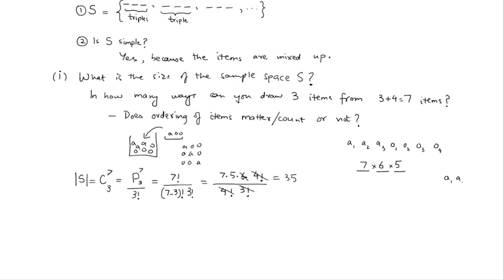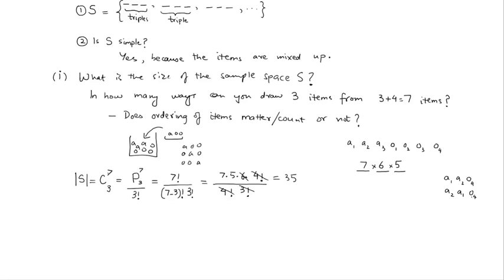But remember, the multiplication principle considers A1, A2, and O4, for example, and A2, A1, and O4 as different permutations, right? Whereas for us, it's the same combination.